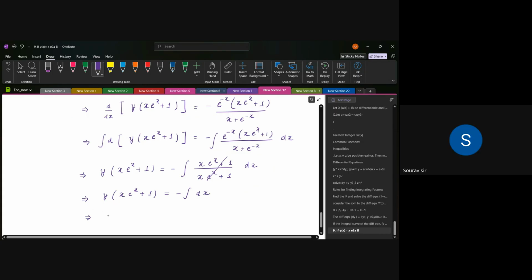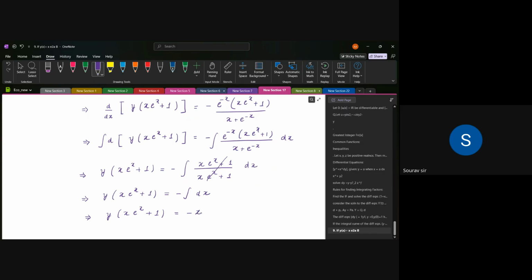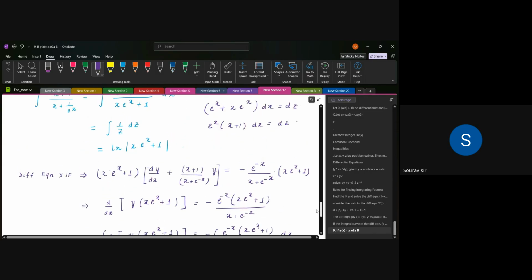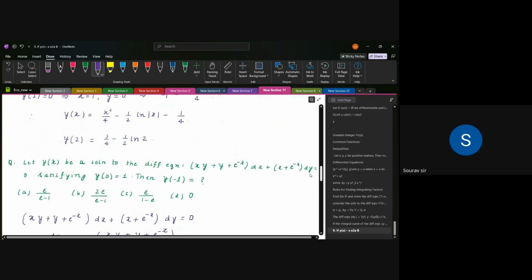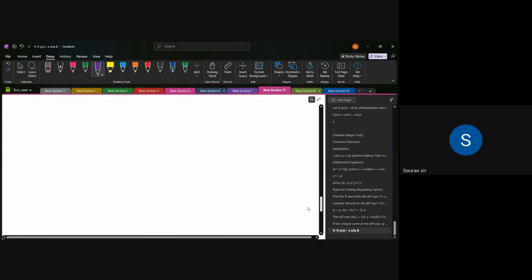So that means y times (x e to the power x plus 1) is equal to minus x plus c. Now what will be c? We have the information y of 0 is 1.